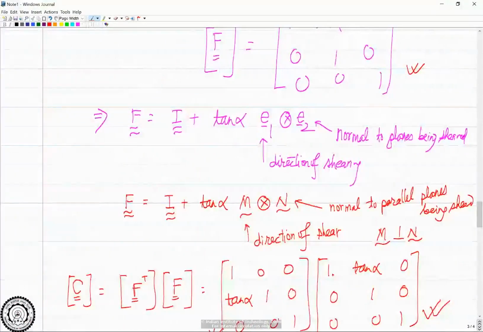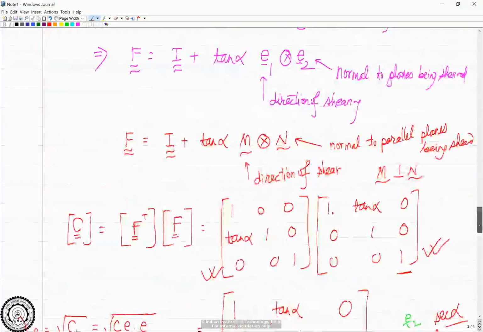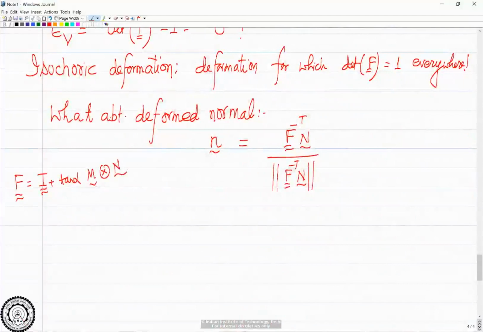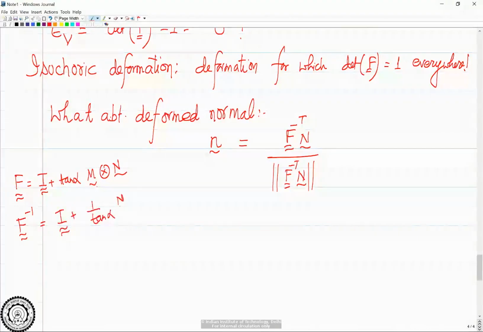Well, I wrote E1 tensor product E2, or I could also say M tensor product N. So what will be F inverse? Can I say that this will be equal to identity plus 1 by 10 alpha of n tensor product M? Let's just see.